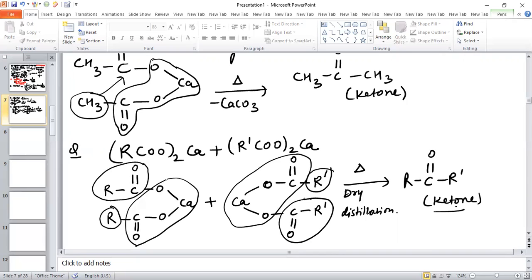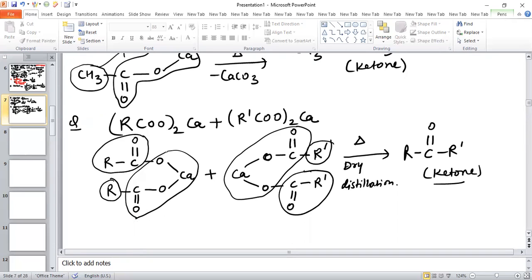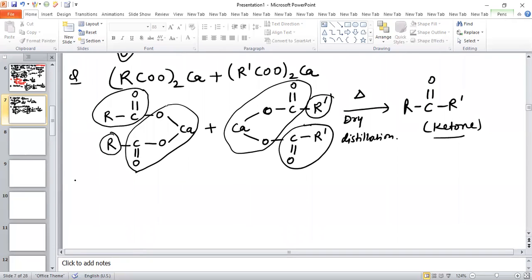You can also see the example related to this. So the example is basically like this. Compound is given CH3COO twice calcium.